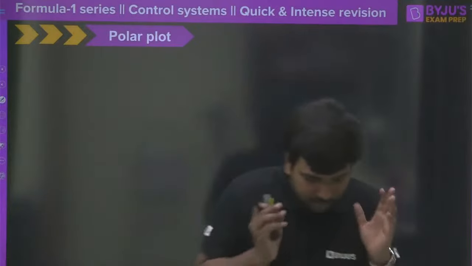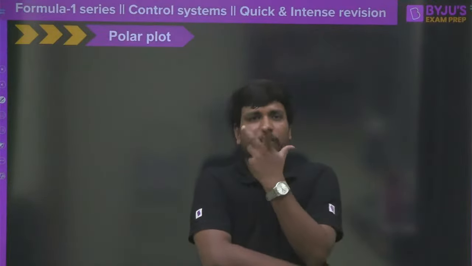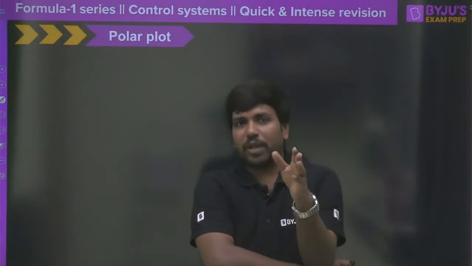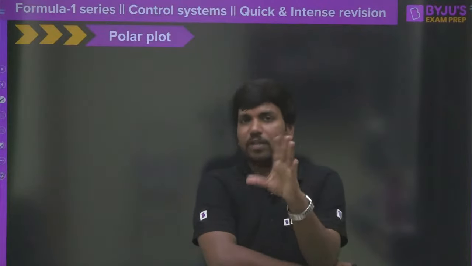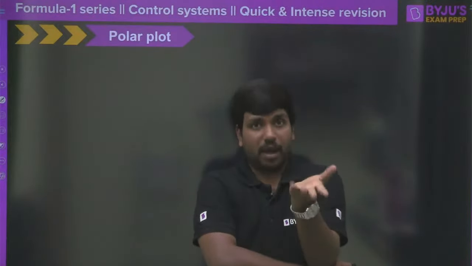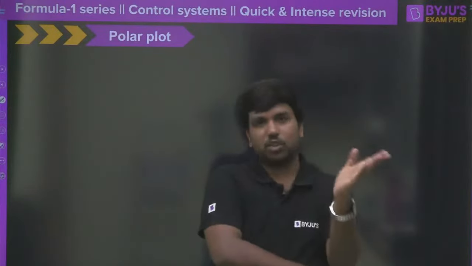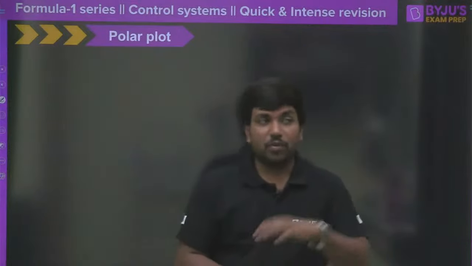Whenever I start the polar plot, most of the students expect some kind of shortcuts here, right? I guess almost 8 to 10 years back, when I was teaching polar plot, I generally taught with the basic concept and some shortcuts. Like if it is a type 1 system, then it will go like this. Type 0 system, it goes like this.